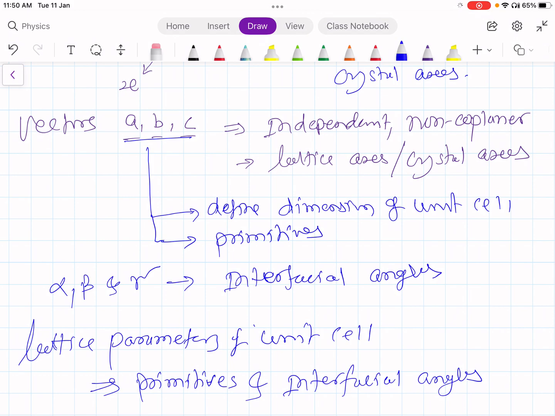Primitives and interfacial angles are lattice parameters of the unit cell. So in this lecture, I have explained the three basic concepts: space lattice, atomic basis, and unit cell, which are very important.